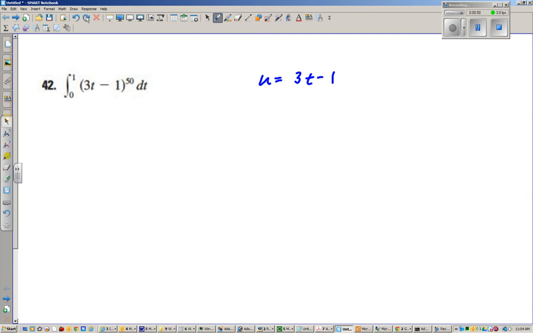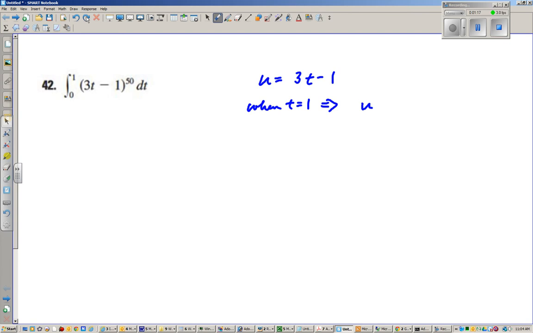Now, this provides for us another way of writing the limits. In other words, this is a translator to put anything that's written in t into u. For example, notice our upper limit is 1. When we put in 1 for t into this little expression, we can calculate what u is.